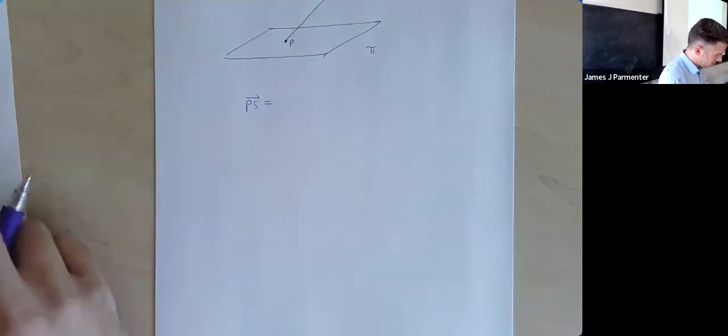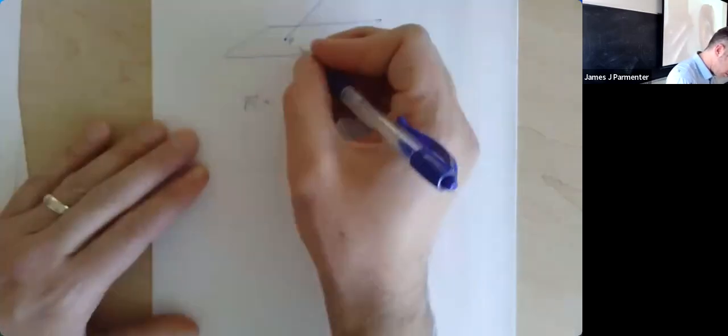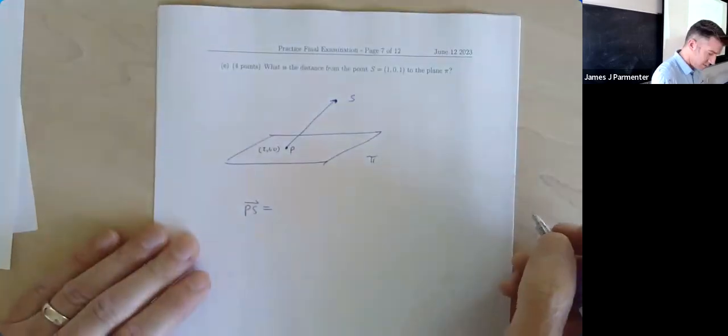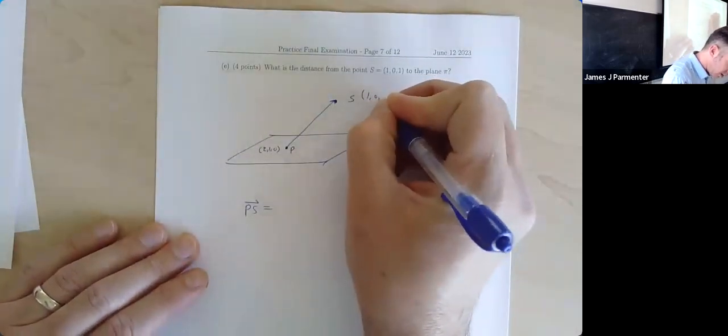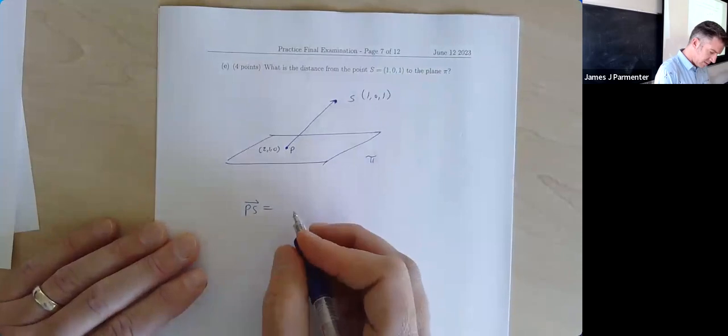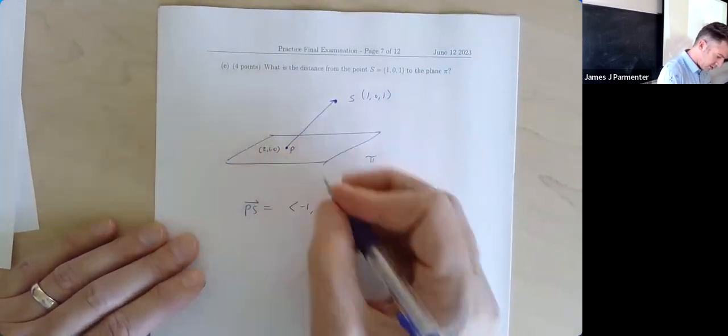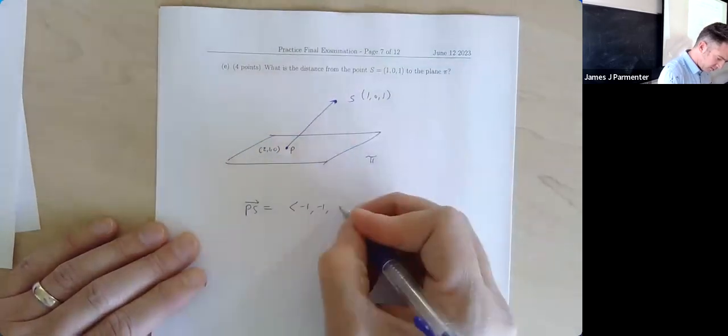P was the point 2, 1, 0. S is the point 1, 0, 1. And so PS is going to be the vector 1 minus 2, 0 minus 1, 1 minus 0.